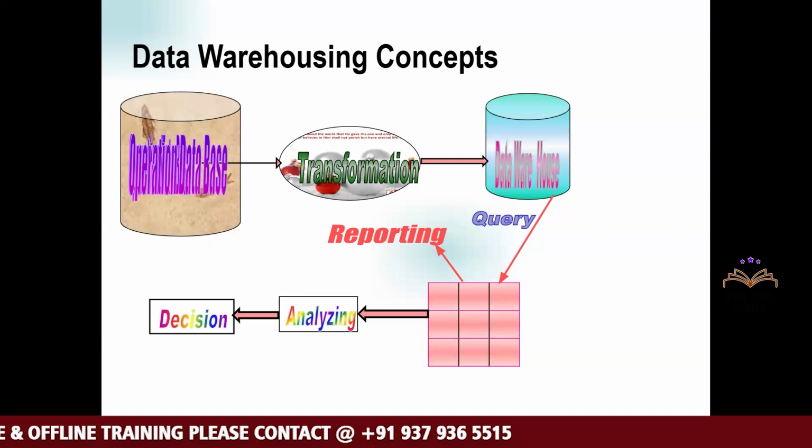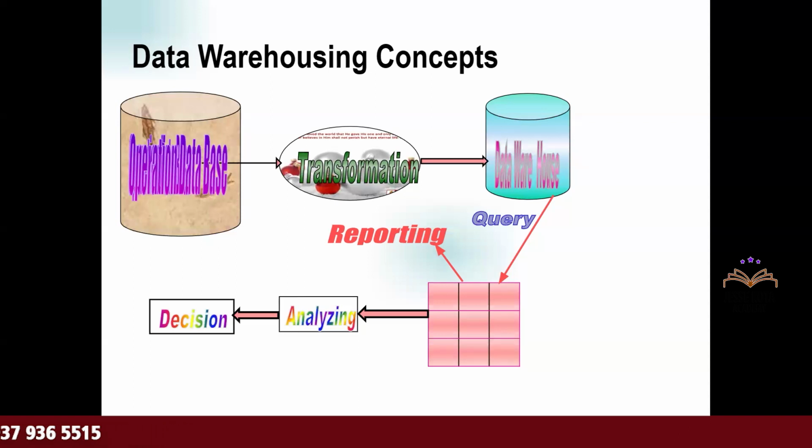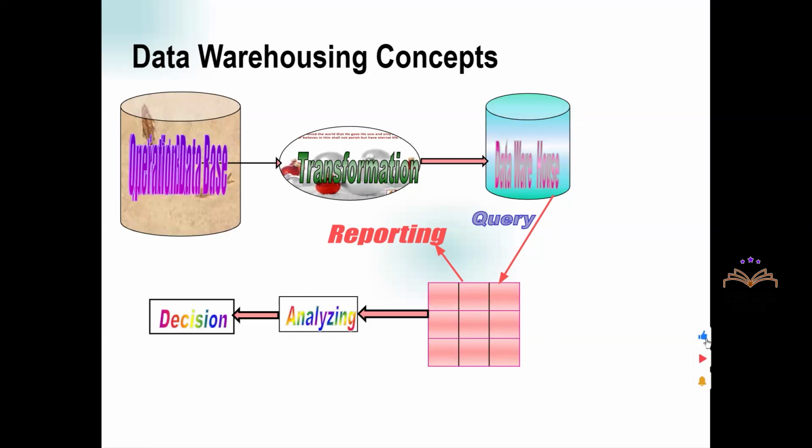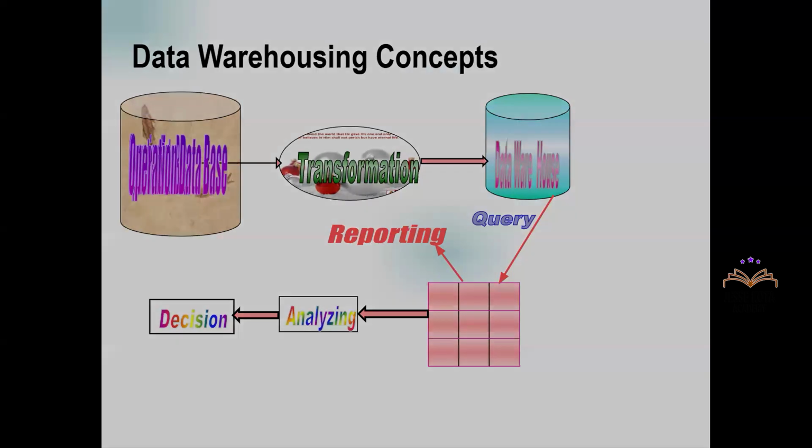We'll be extracting data from OLTP to OLAP. First, we load the data into the staging area. From the staging area, we apply transformation rules, and then we load the data into the data warehouse. From there, we query the data, perform reporting, analyzing, and take decisions.